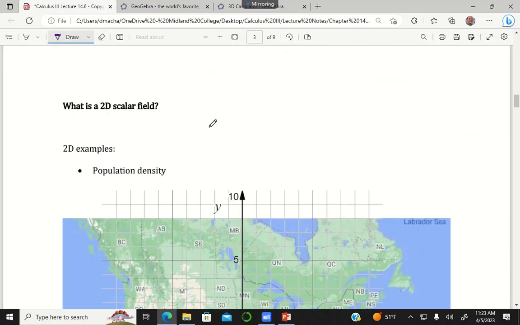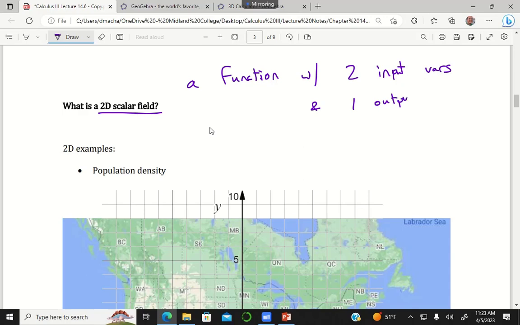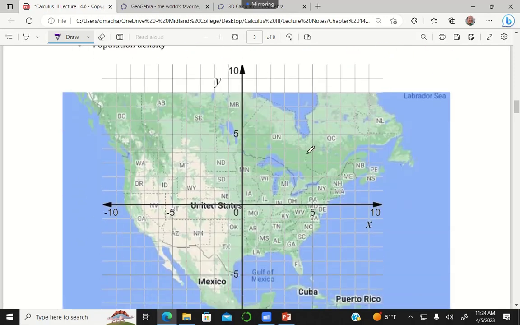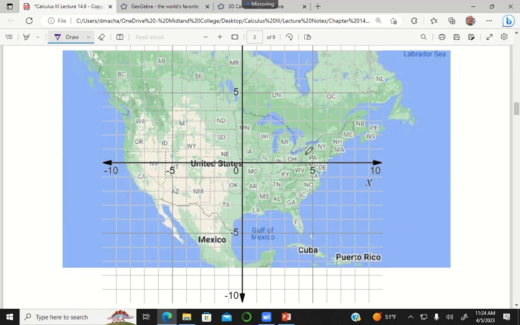Okay, and this is just really quick review. A 2D scalar field, if anybody asks you what a 2D scalar field is, this is just a function with 2 input variables and 1 output variable. An example of a 2D scalar field is population density.